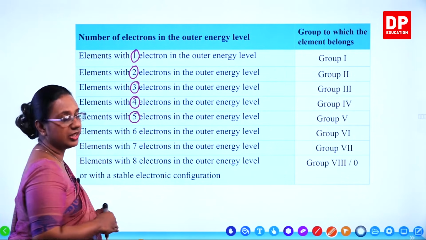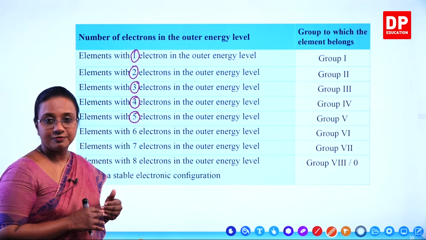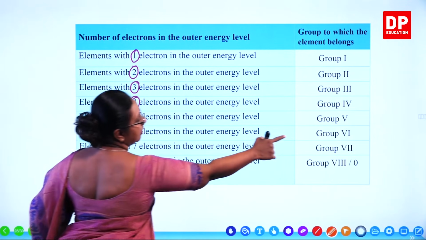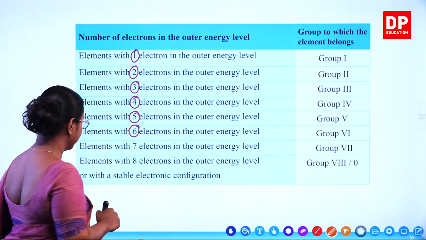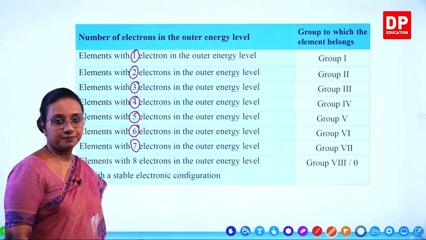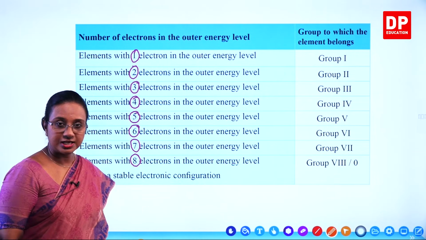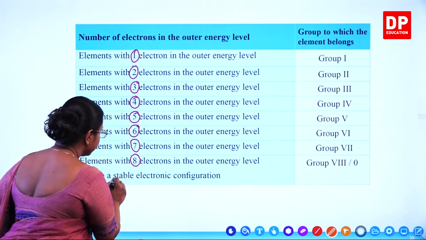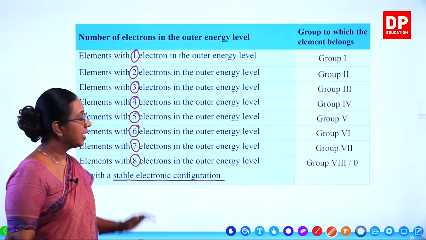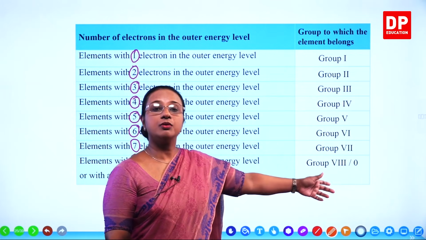I am using the different terms so that you become familiar with them. Then 6 valence electrons, group 6. 7 electrons in the valence shell, group 7. And 8 electrons in the outermost energy level, or a stable electronic configuration, then the element belongs to group 8 or group 0.